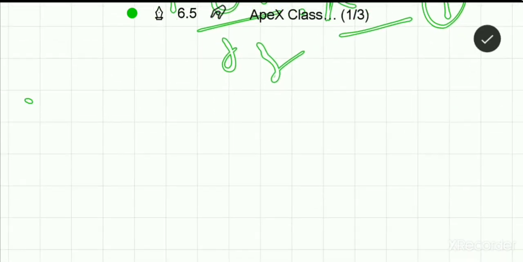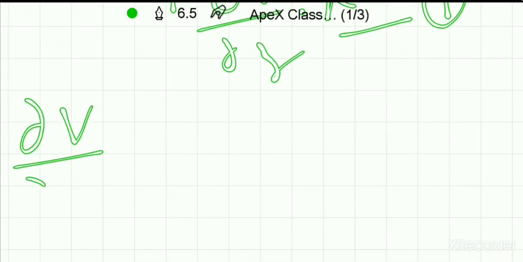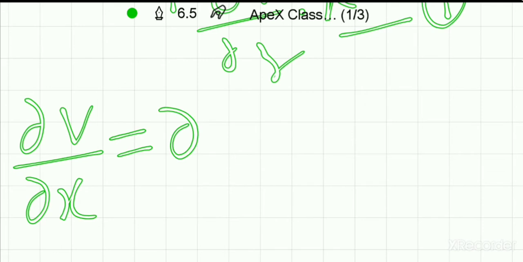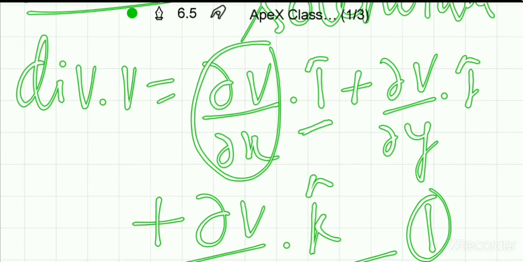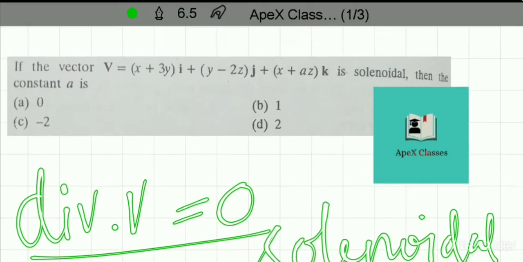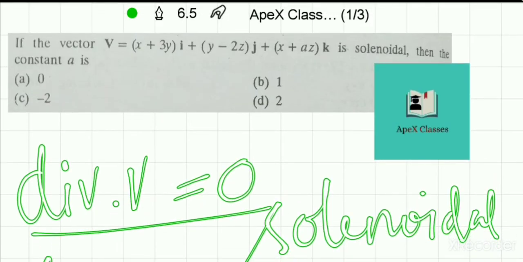So for divergence of v, del v upon del x is equal to del upon del x of the value of v. Now you also see that here we have dot product with i cap. That's why we will take only those quantities from here which contain i cap, which means for the partial derivative of v with respect to x, we will take only this quantity.